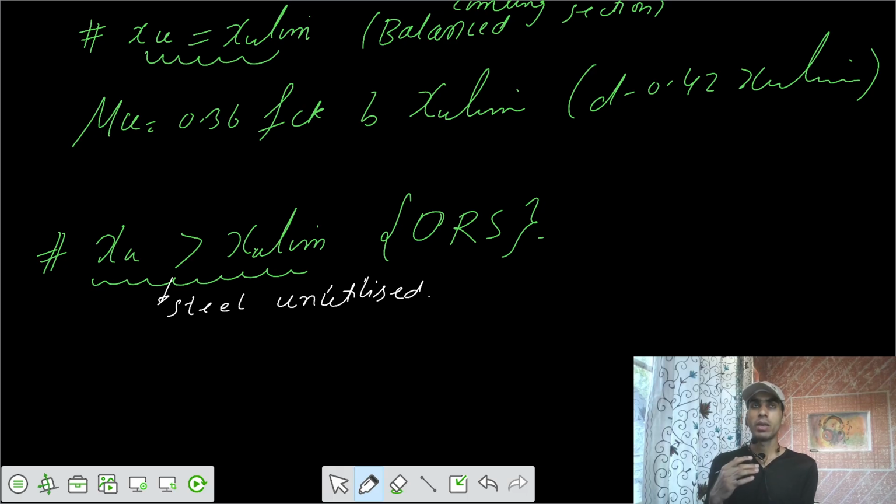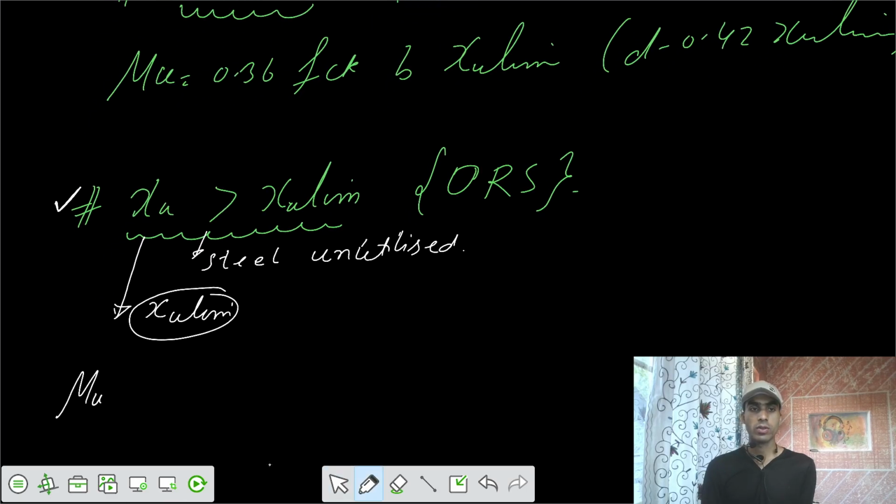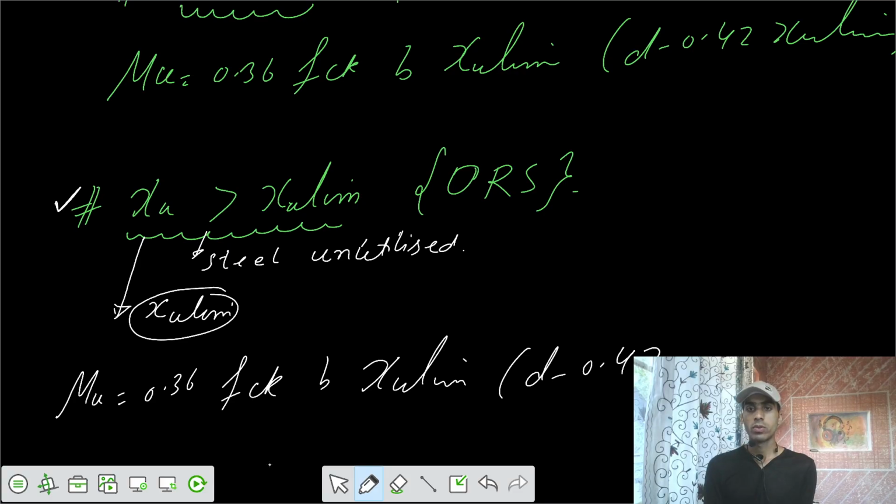For that, strain should be more than the minimum value we have from the code, 0.002 plus 0.87 fy by Es. In this case, that particular strain value does not reach, so we have to ensure that. For that, go for Xu limiting in the calculation. Take the value of x as Xu limiting, and the moment of resistance for the third case is also 0.36 fck b times Xu limiting, d minus 0.42 Xu limiting.